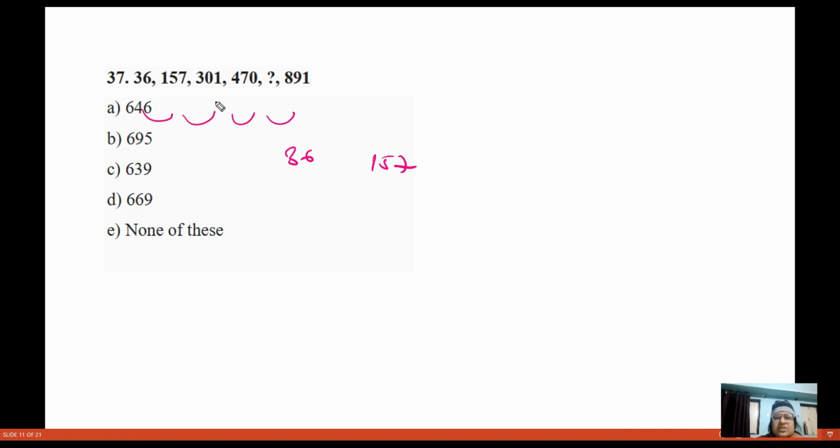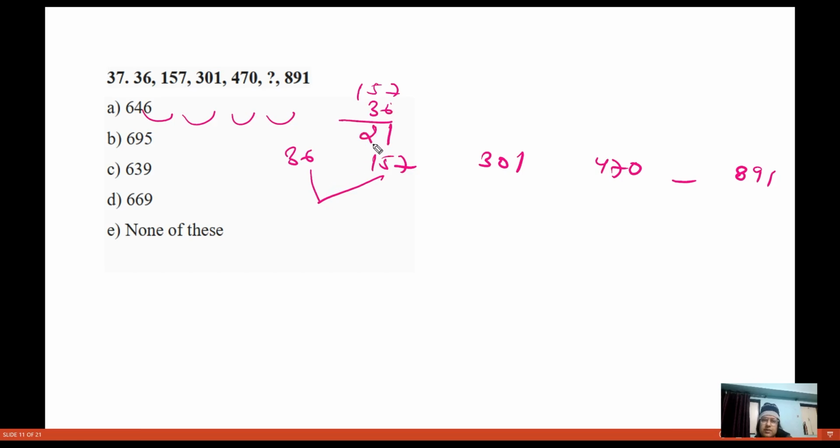Because this is not increasing very rapidly, just becoming a little bit twice or 1.5 times, so we can multiply here. Okay, so let us find here. Now see what is the difference between 36 and 157. So 157 is there and 36 is there.